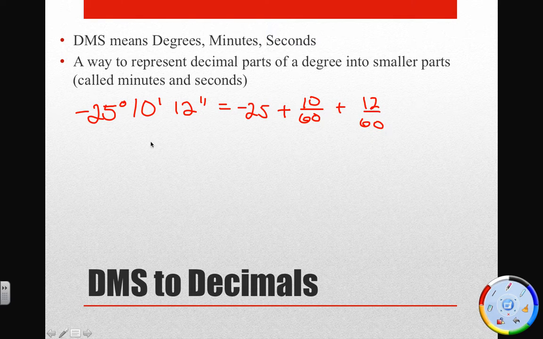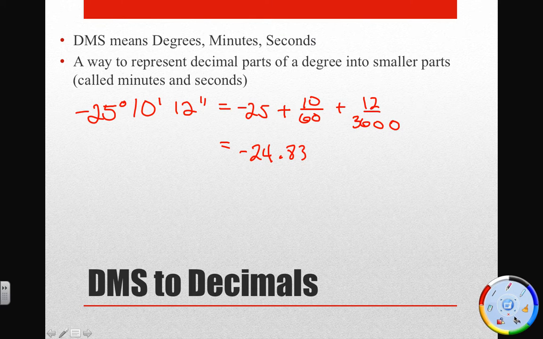And that's technically not right, because notice what happens if I just plug this straight into my calculator. I get negative 25 plus 10 out of 60 plus 12, sorry, out of 3600 on this last one. I catch myself as I'm plugging into my calculator. And I get negative 24.83. Well, that doesn't make any sense because I started with 25 degrees and I ended with 24.